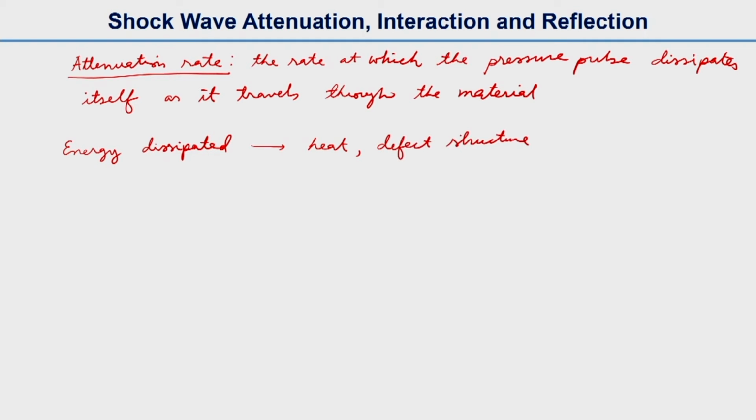There may also be some other processes. Defect structure means, for example, dislocation structure. A dislocation is a crystal defect.